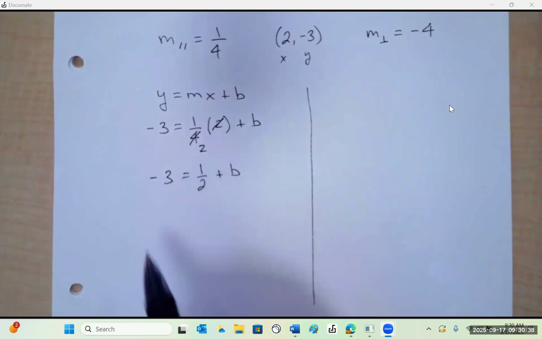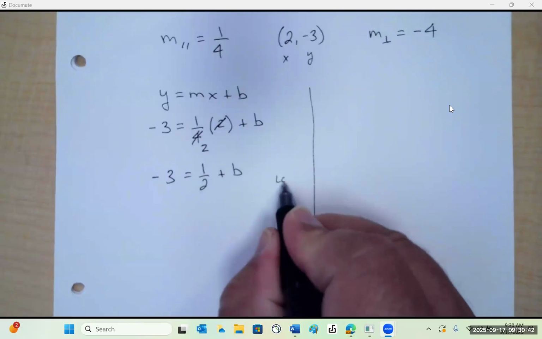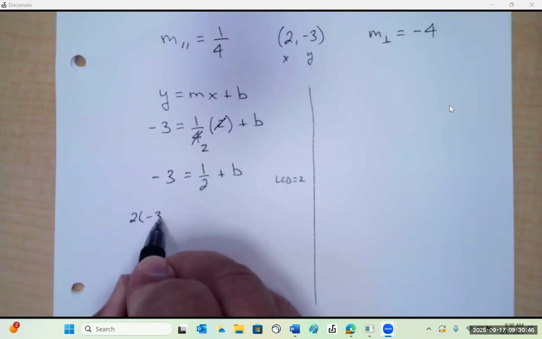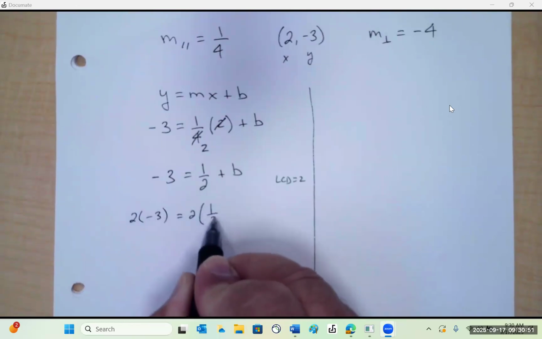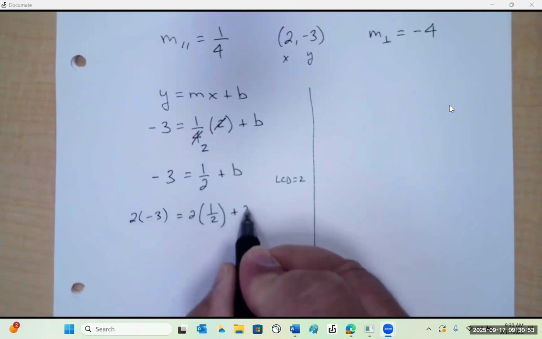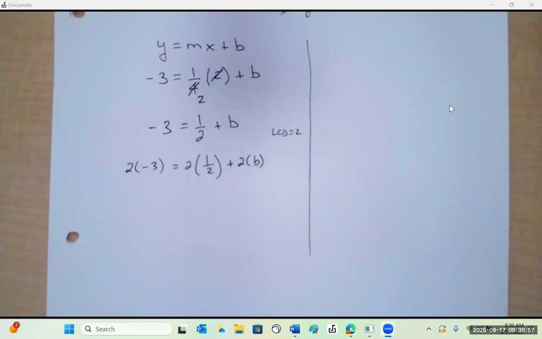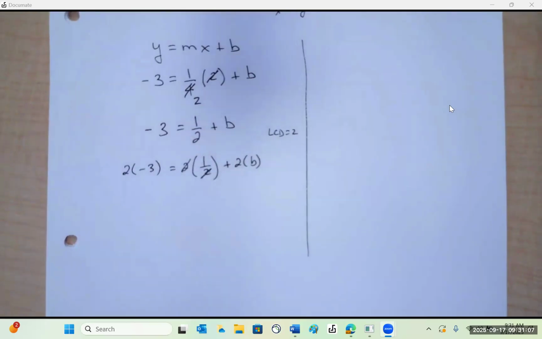We have fractions and an equal sign, so the LCD is what? We multiply 2 to each term. Reduce, get rid of the fractions.